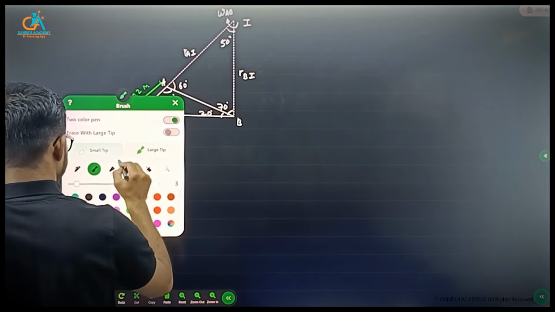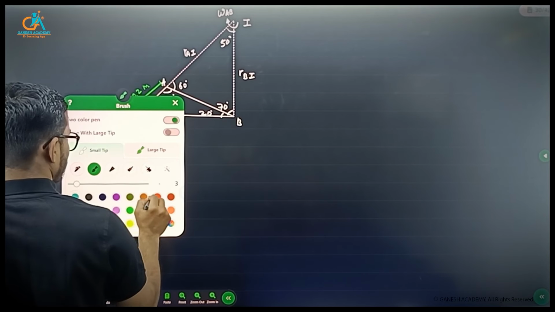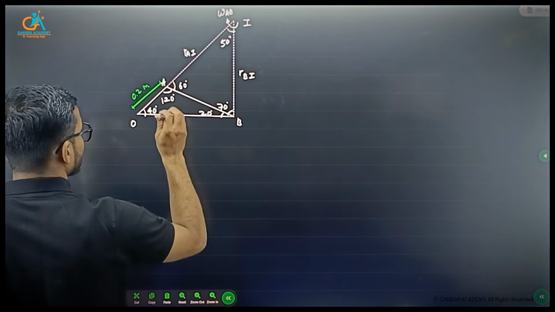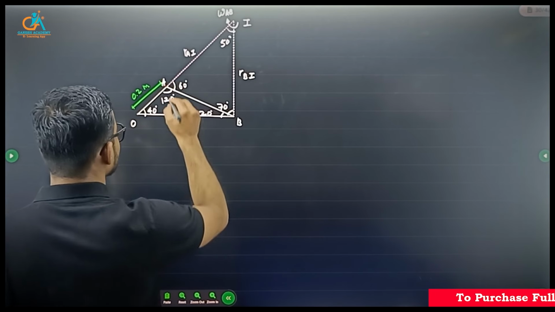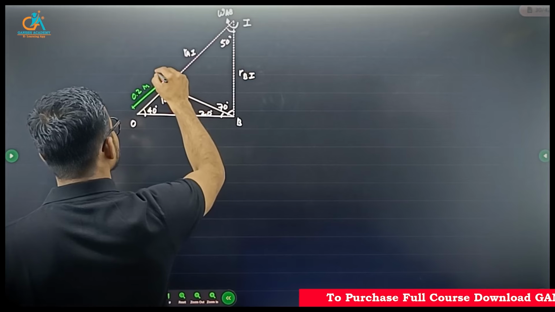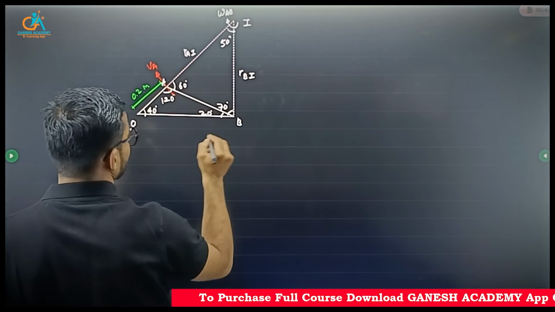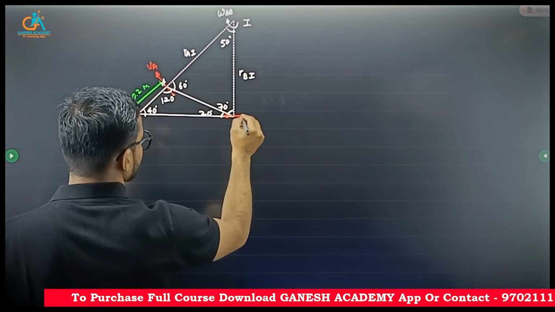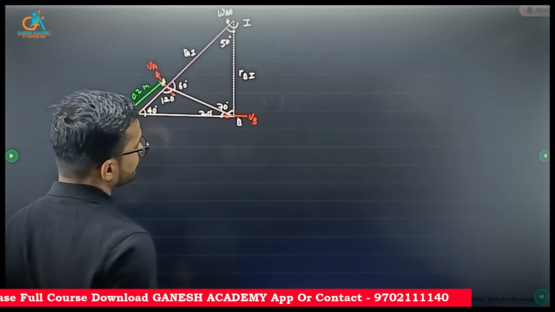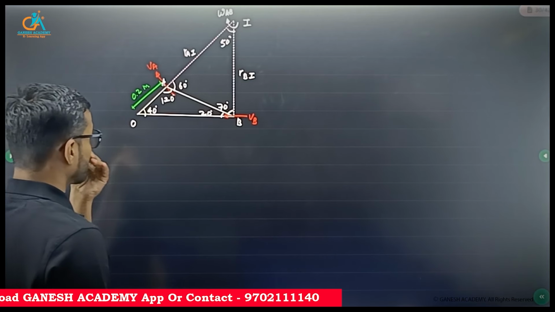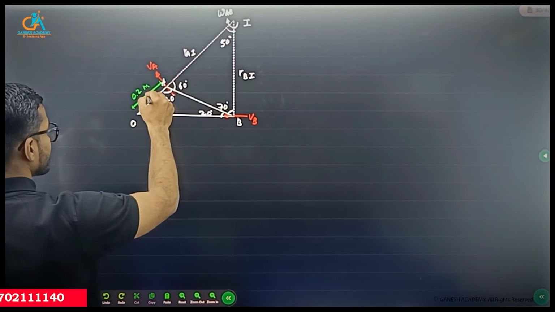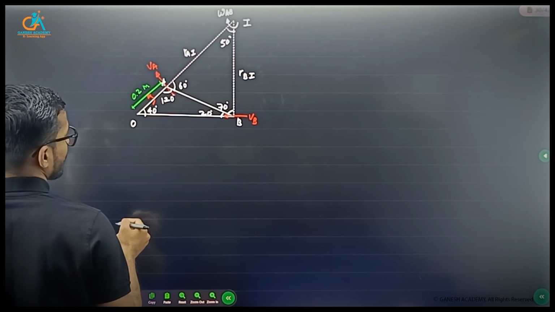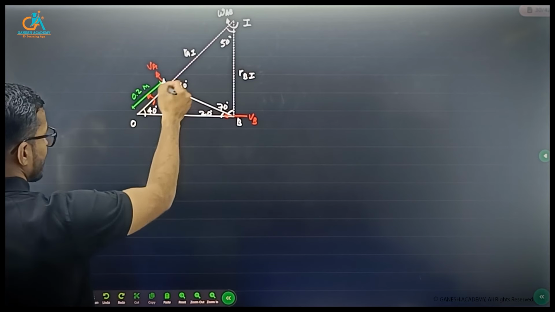But before that, we have to find this velocity B, right? So how to find? We have this omega OA, right?